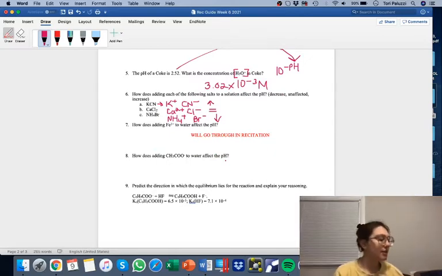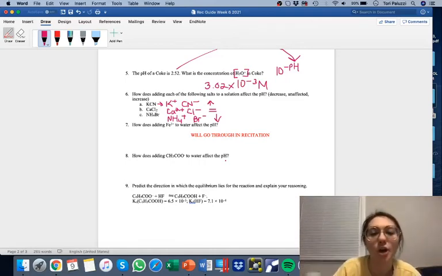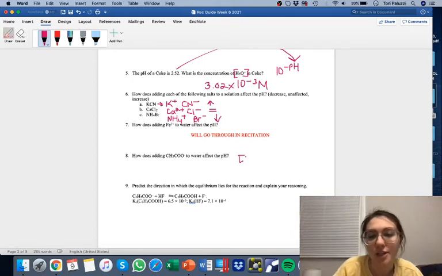Okay. How does adding an acetate anion to water affect the pH? So again, we're just having to think about in general what is going on. When we think of pH, we have to think about the concentration of our H+, because that's what's being measured, the hydronium or H+ concentration.